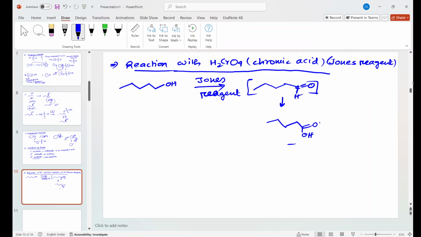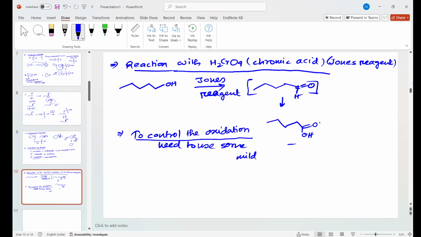But if you need to stop at the middle, like the first instance, the aldehyde, you need to use some controlled oxidation. To control the oxidation, you need to use some mild reagent. What are the mild reagents that you can use?